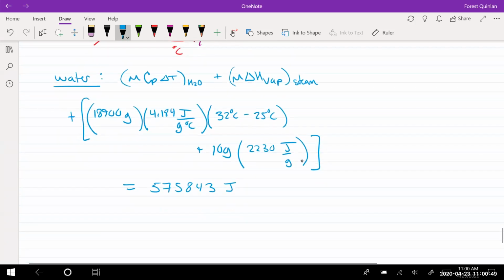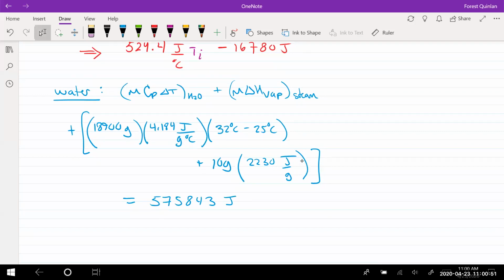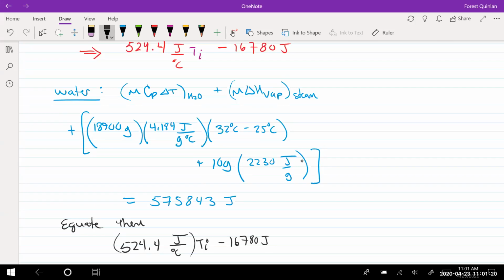So we equate them. So now we have 524.4 joules per degree Celsius times that initial temperature, minus 16,780 joules, is equal to 575,843 joules.